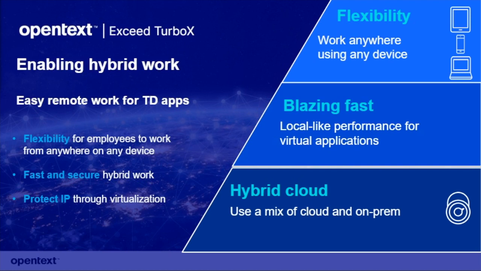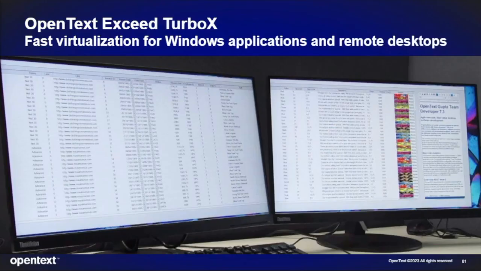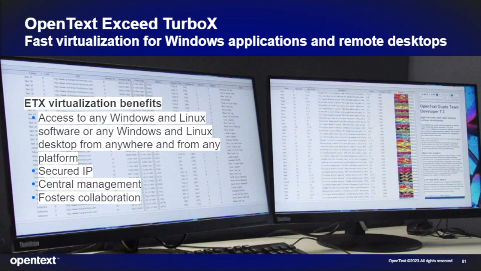So this is a quick option for other offerings that OpenText has, and basically enables Team Developer applications to be deployed to the cloud or to your own data center. So OpenText Exceed Turbo X, fast virtualization for Windows applications and remote desktops.